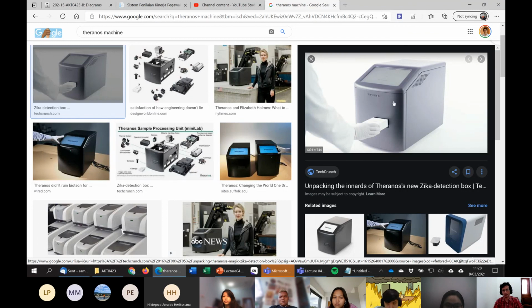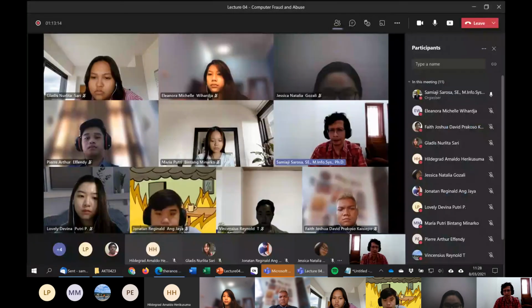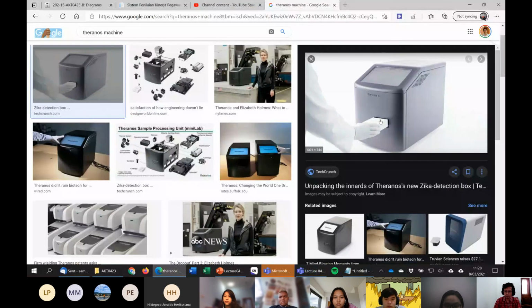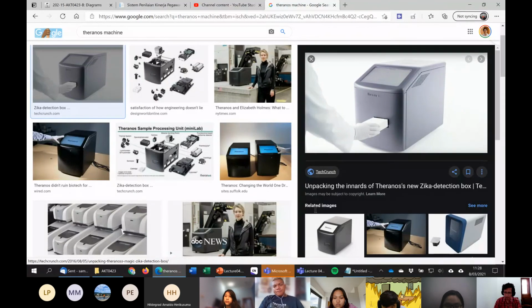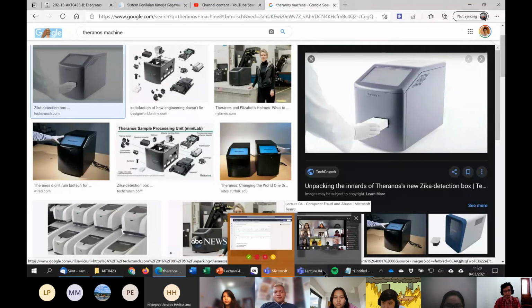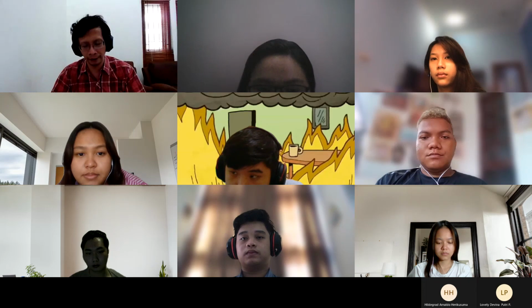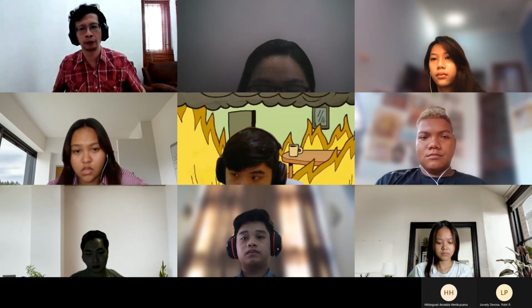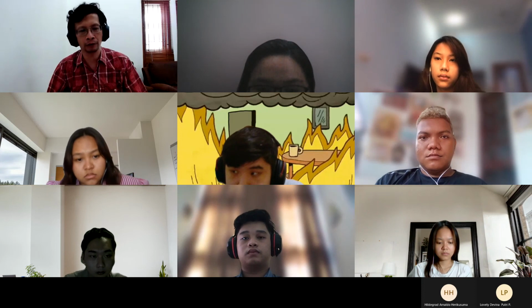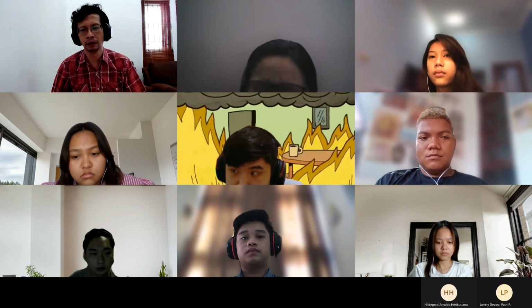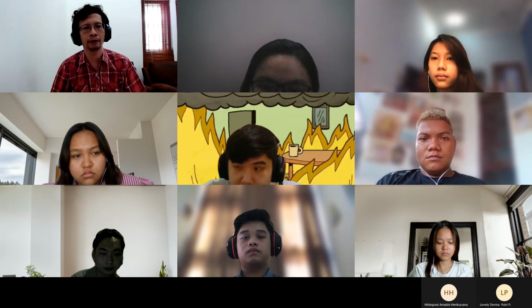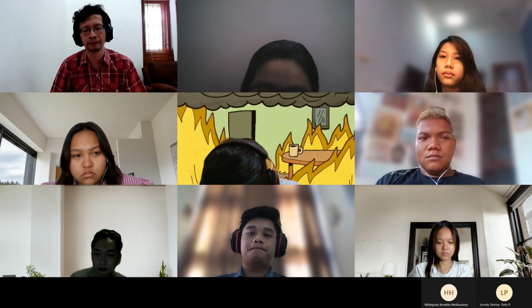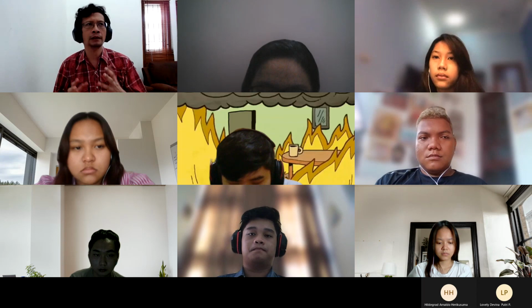It's not that big, just as big as, I don't know, a printer, if you can see this. You put your blood here and it goes into this box, and this box will analyze your blood, and the result, which was claimed to be similar to ordinary blood tests in the lab, will be printed out. So you can have blood tests in the field, even in your home if you like. That's the premise.